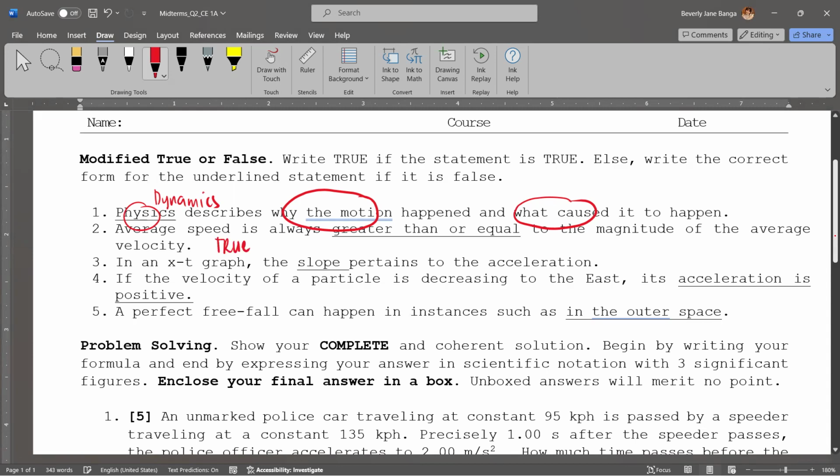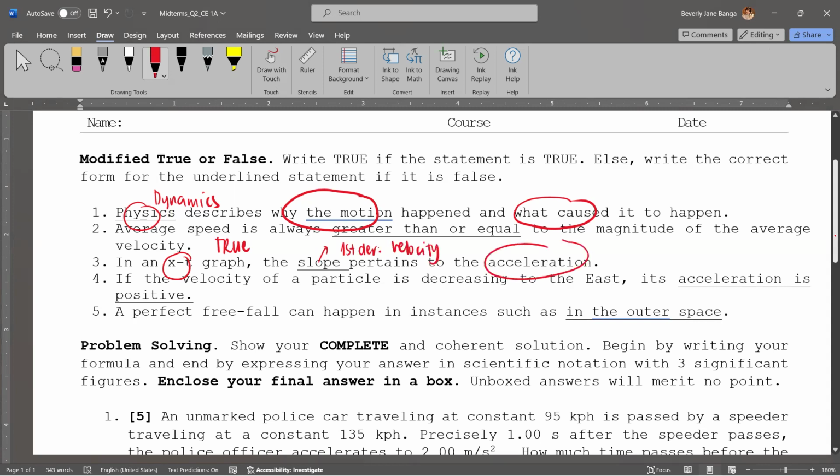This is true. In an xt graph, the slope pertains to the acceleration. So, take note, this is an xt graph, no? So, alam natin na in an xt graph, yung slope, this is the first derivative. It pertains to the velocity, di ba?